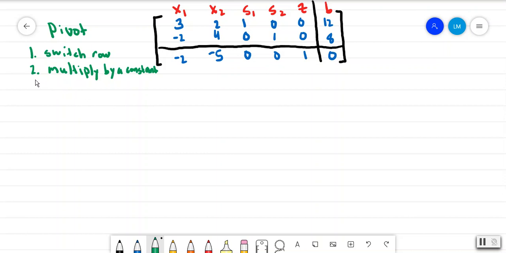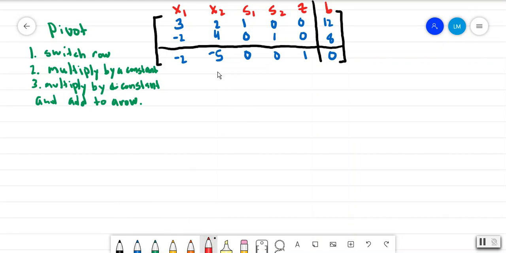So in a sense, this is a restricted form of row operations. The other is that you can multiply by a constant and add to a row. Note that whenever you're pivoting, your pivot operations will always involve what is called the pivot row.